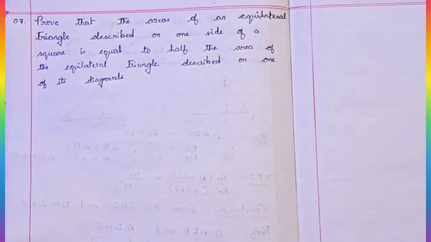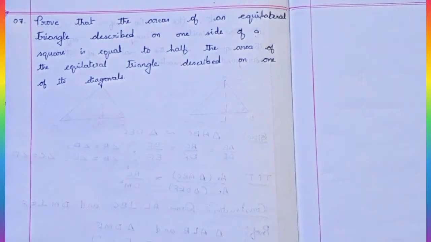We need to consider a square. On one side of the square, we need to draw the equilateral triangle, and on the diagonal of the square, we need to draw another equilateral triangle. And we need to prove that the area of the equilateral triangle which has been described on one side of the square is equal to half of the area of the equilateral triangle described on one of its diagonals.